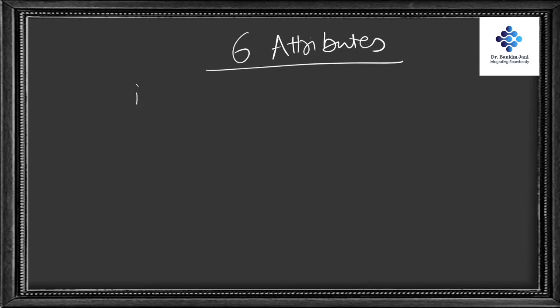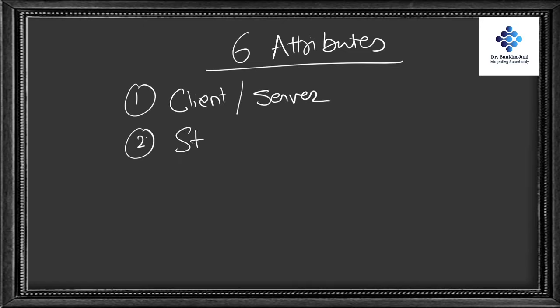So first is that all these are client server based model, stateless operation. We'll go into the details of every point. We are just writing down first what they are.